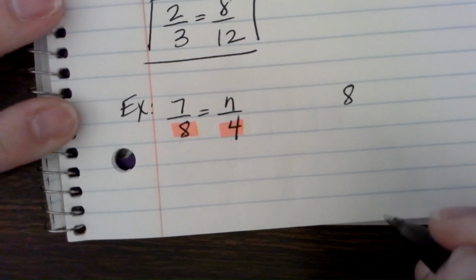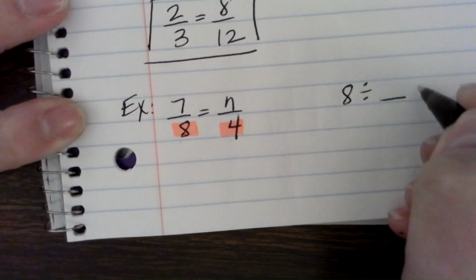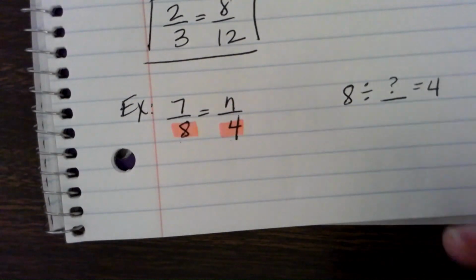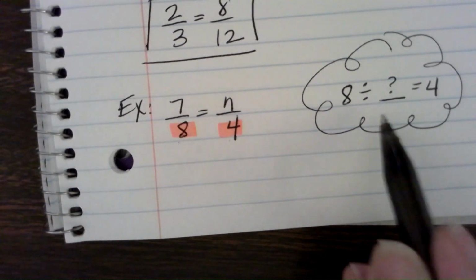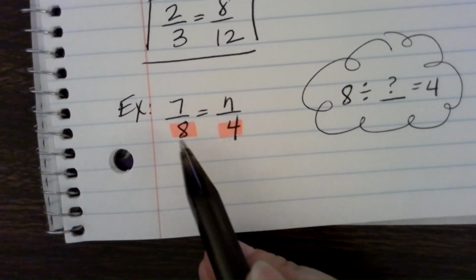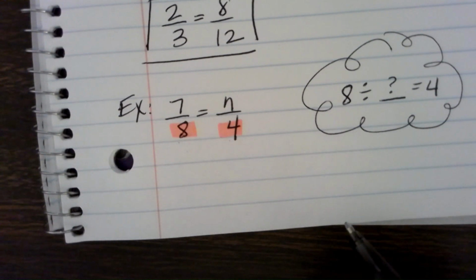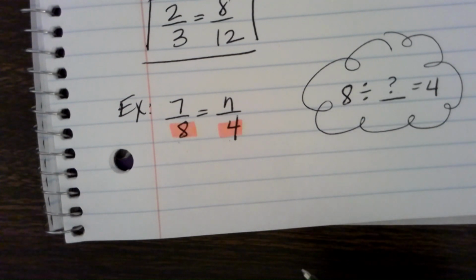What I know is that 8 has been divided by some number and now it equals 4. So I need to know how 8 became 4. I know I divided because it got smaller. So 8 divided by what is equal to 4?